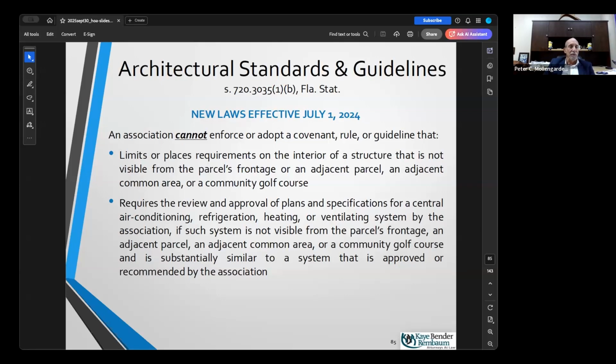Nor can you require the review and approval of plans and specifications for a central AC, refrigeration, heating, or ventilating system by the association if, again, those systems are not visible from the lot's frontage, an adjacent lot, an adjacent common area, or a community golf course, and is substantially similar to a system that is approved or recommended by the association.